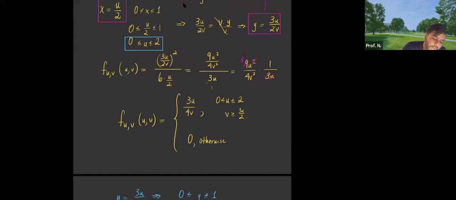So do you see my logic here? The biggest y can be is 1, and the biggest u can be is 2, so the biggest the numerator could be is a 6, and this is 2v.